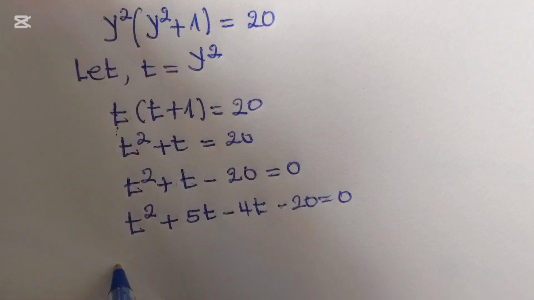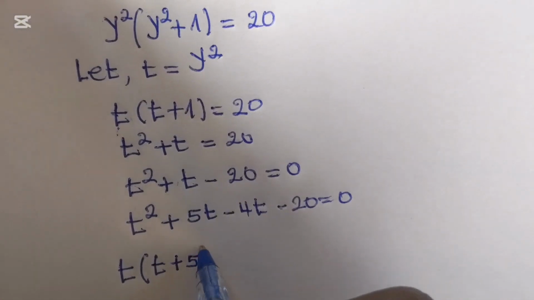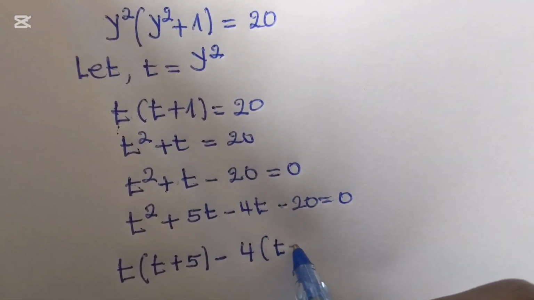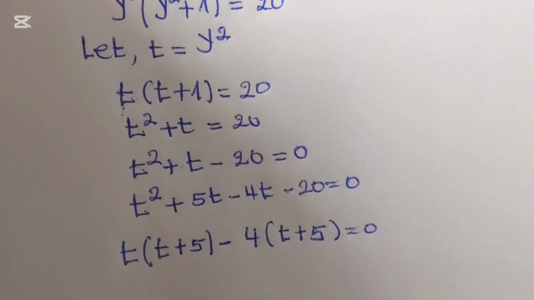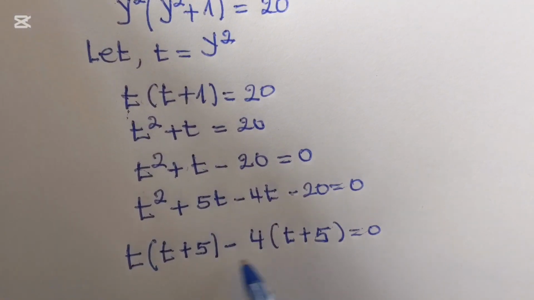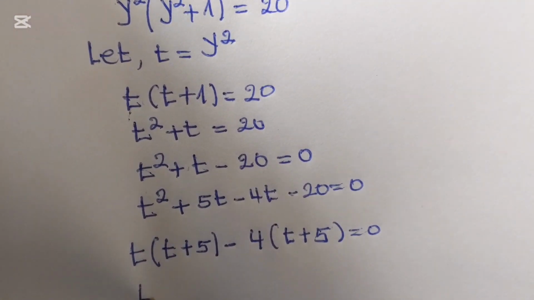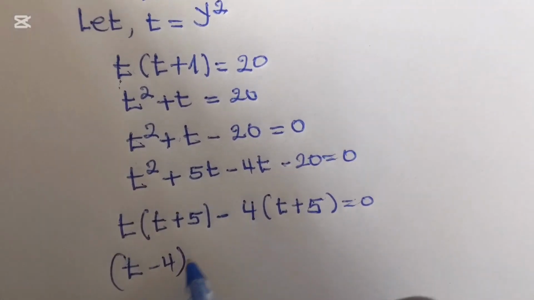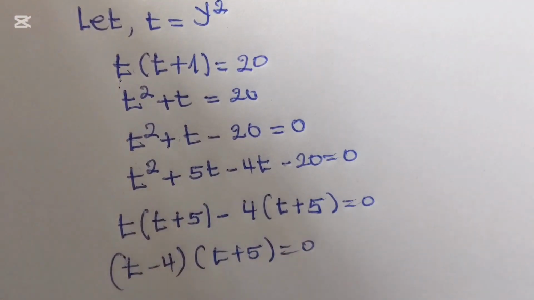Then by factorizing, t times t plus 5 minus 4 times t plus 5 to be equal to 0. Okay, then by grouping the numbers and the variables which are outside of the brackets together, we get t minus 4 and t plus 5 to be equal to 0.